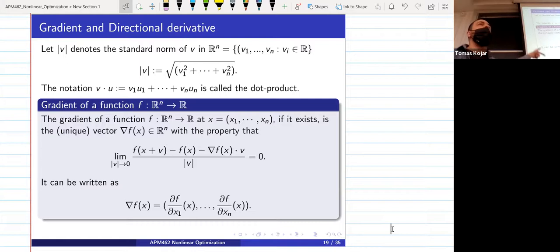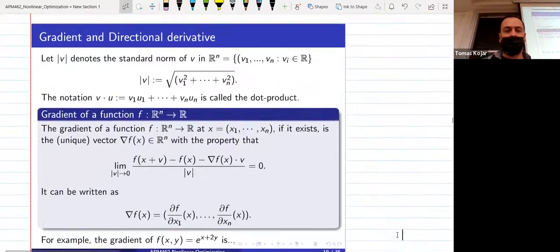You can take either one as the definition, but then you have to prove the other. We will use the limit for proofs, but when you actually compute things, please use the partial derivatives. It's much easier.